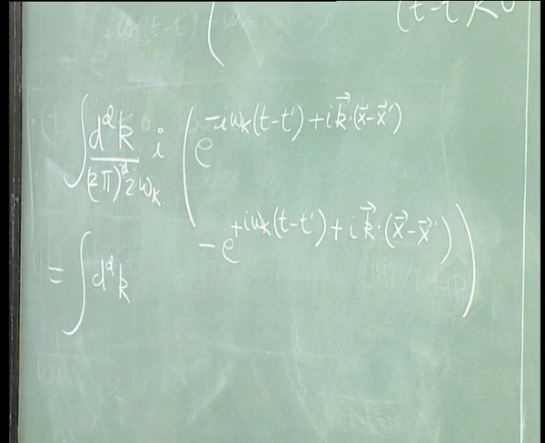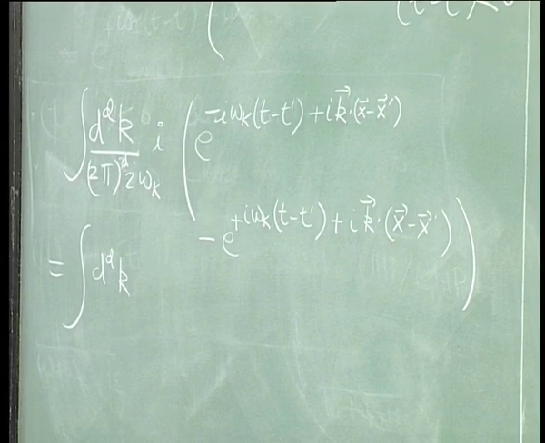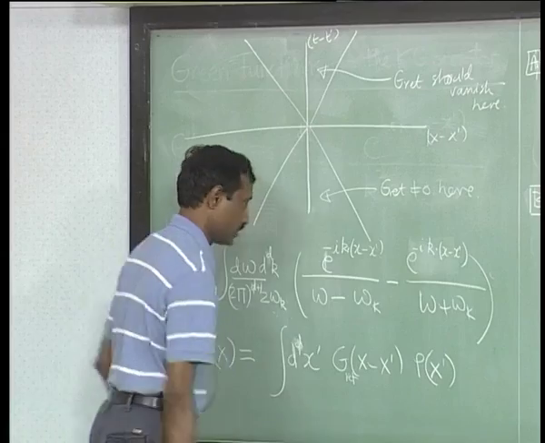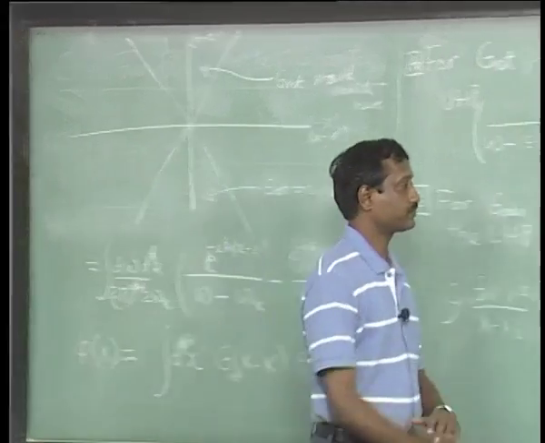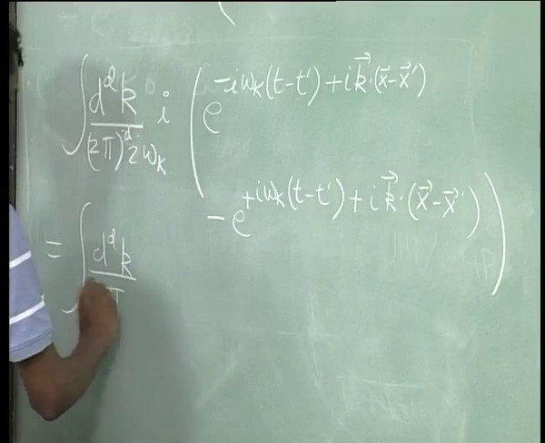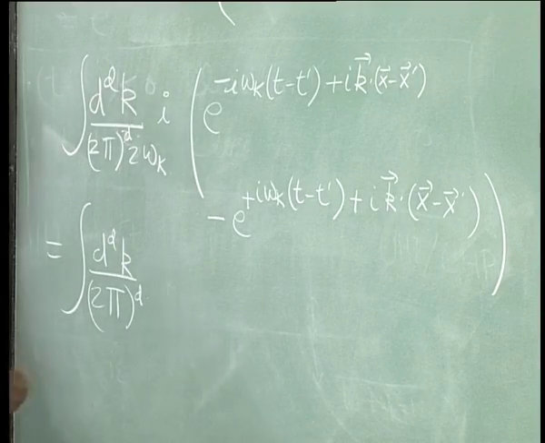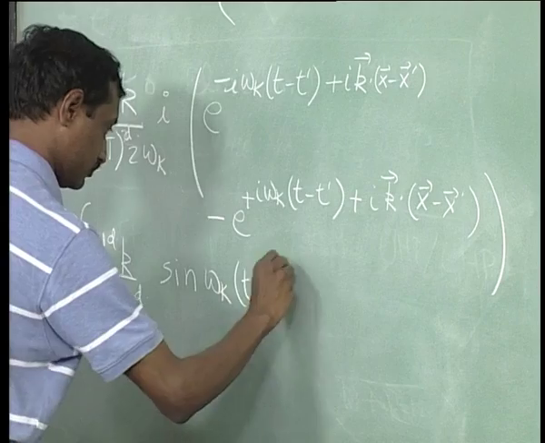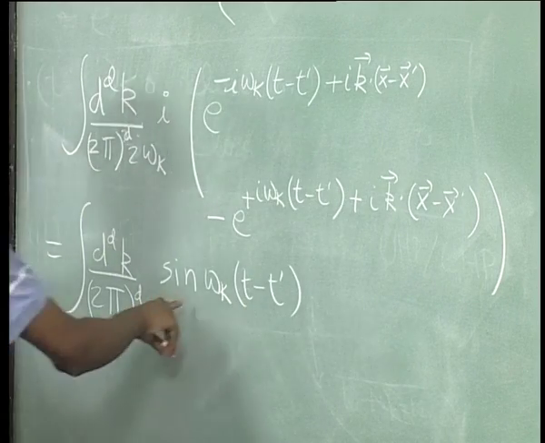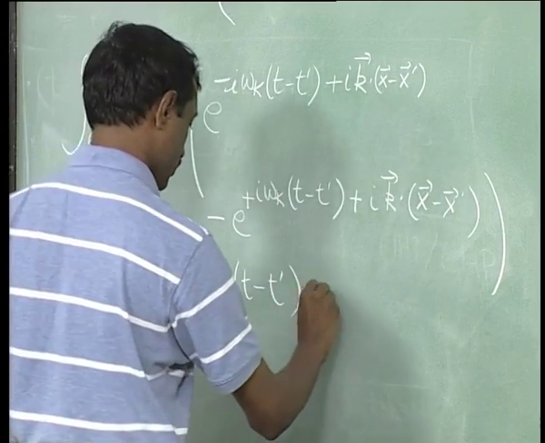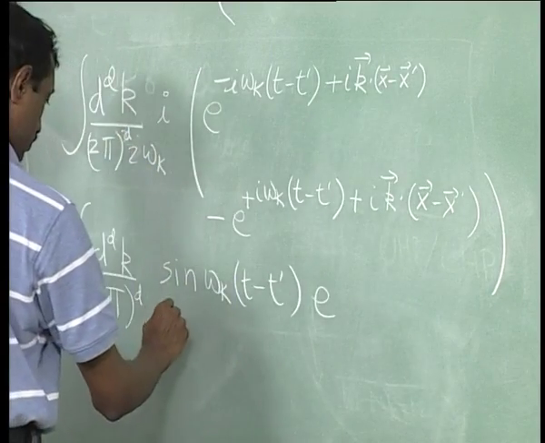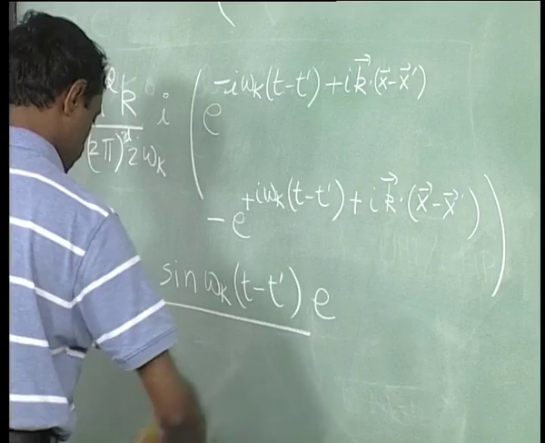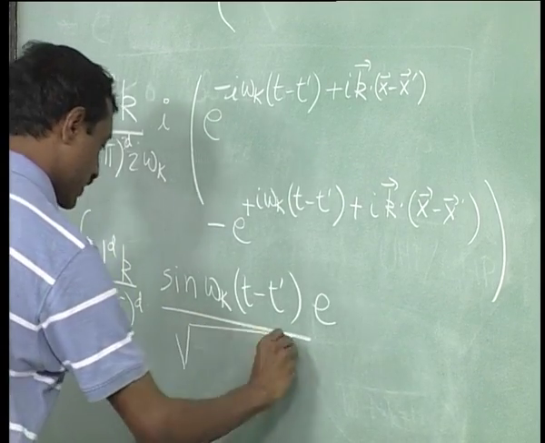I think I made a mistake here. Oh, I have been writing this for 3 dimensions. So, times sine of omega k t minus t prime, into e power omega k, which we can write out for once.